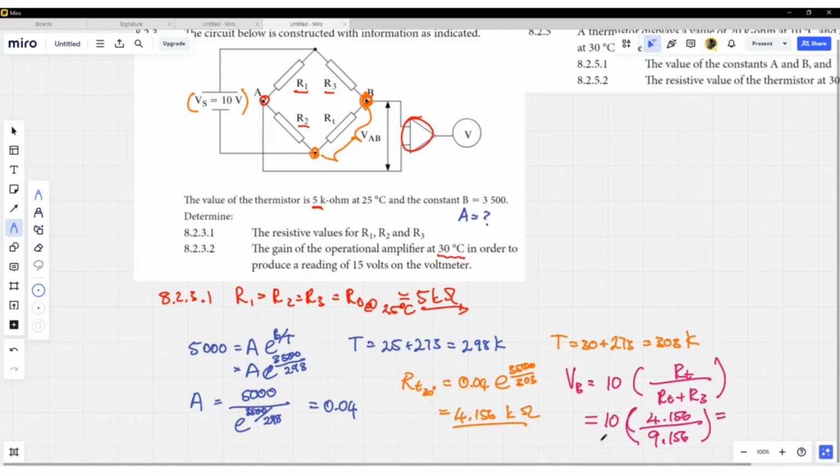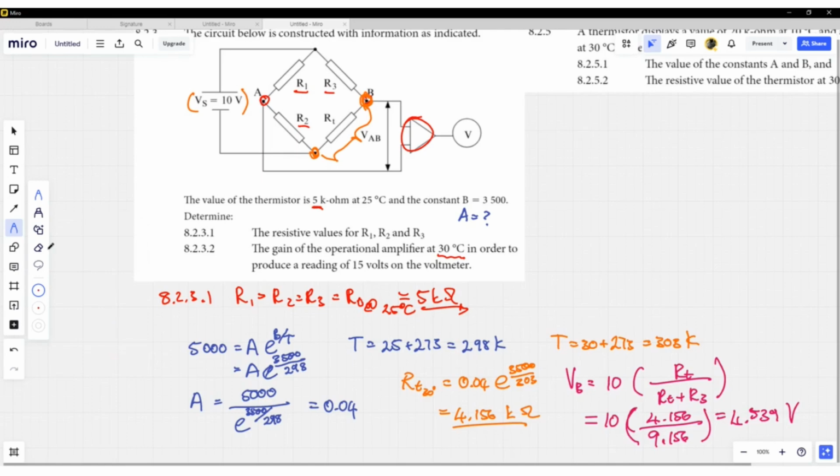I'm not writing the kilo ohms here because it's going to cancel out all the times 10 to the 3. So that's 4.156 divided by 9.156. That's going to give you 4.539 volts we're going to have there.